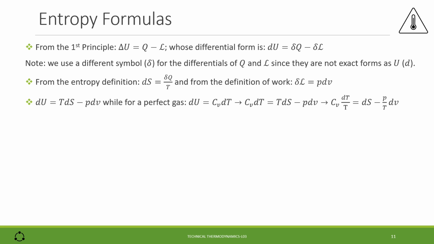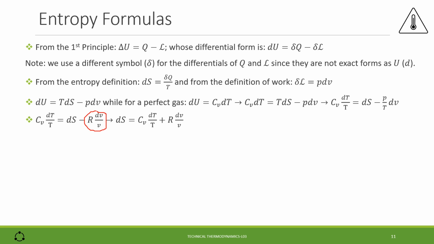And if you divide both sides of the equation by the temperature, we have Cv dT over T equals dS minus P over T dV. And if we replace P over T with the ideal gas equation, we find this expression.